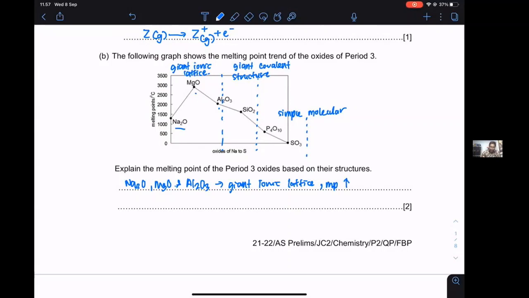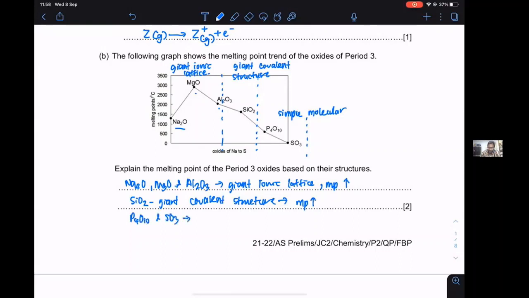The second part that you need to mention is SiO2. They are going to have giant covalent structure, and this giant covalent structure also contributes to higher melting point. And the last one is P4O10 and SO3.